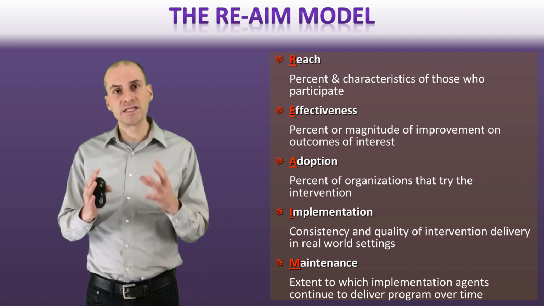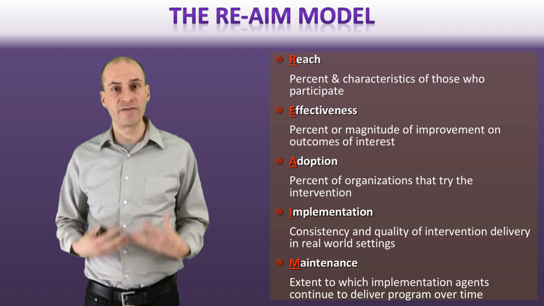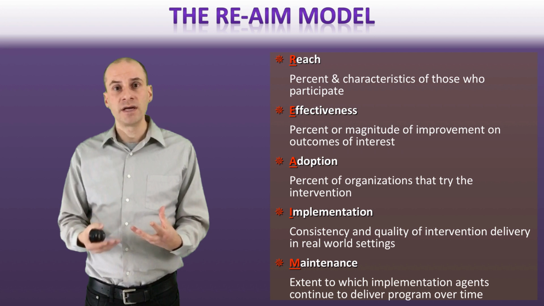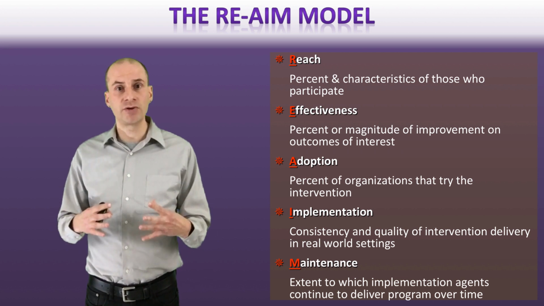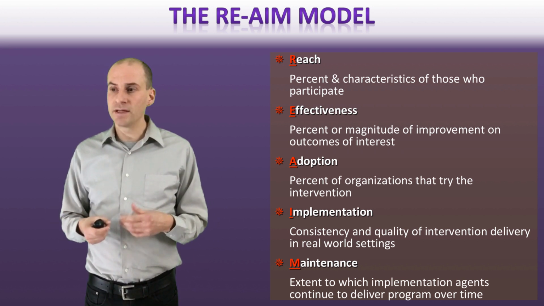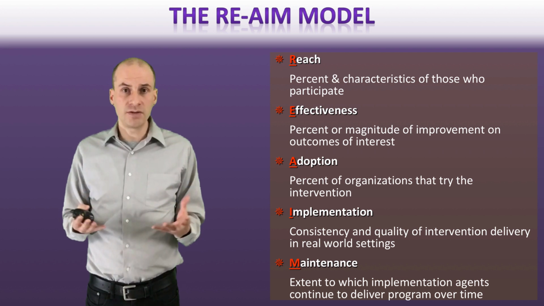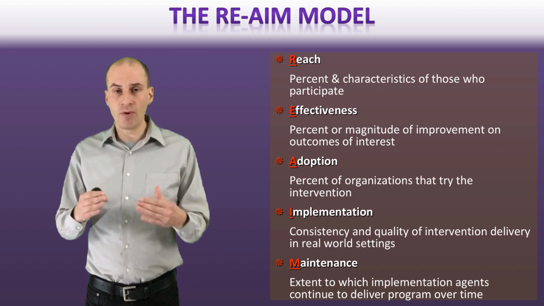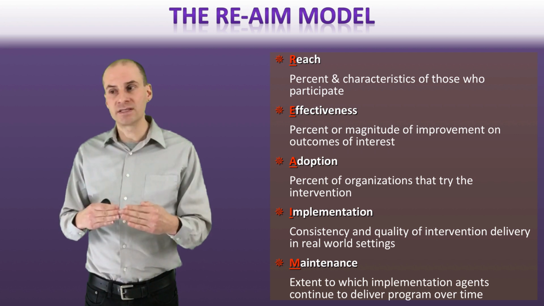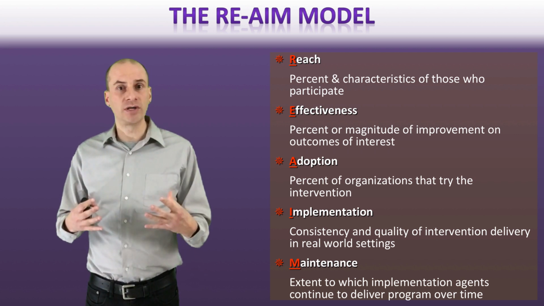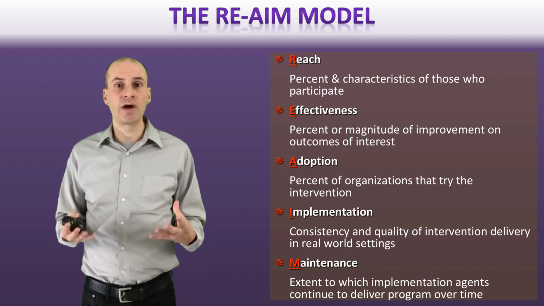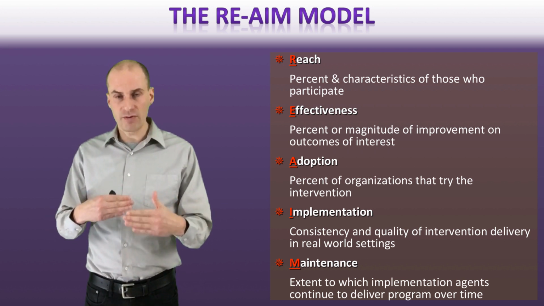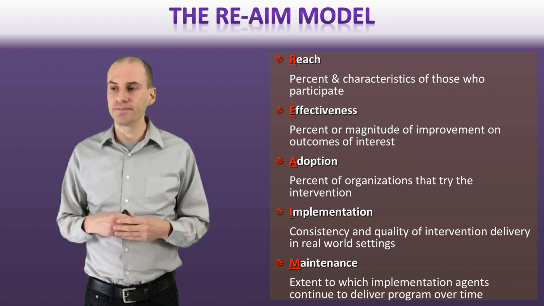So having consistency and quality in the way that an intervention is exercised is a really important component to considering whether or not this can be done. Part of the way to do this is to have, for example, a manual that tells people exactly how to implement it in a high quality way. That can help clinicians around the country, around the world, to do this in a consistent way so that we can figure out systematic ways of improving it.